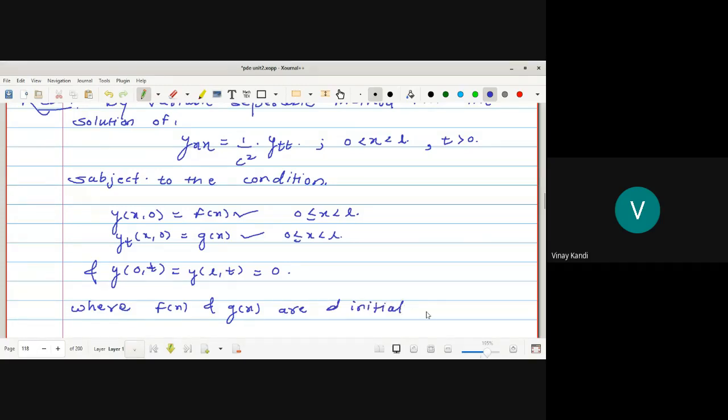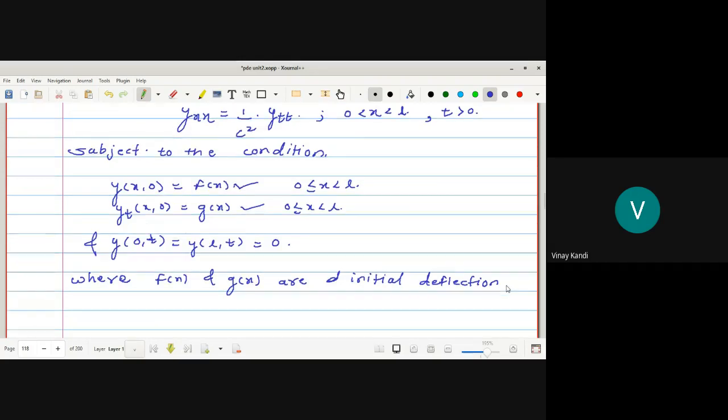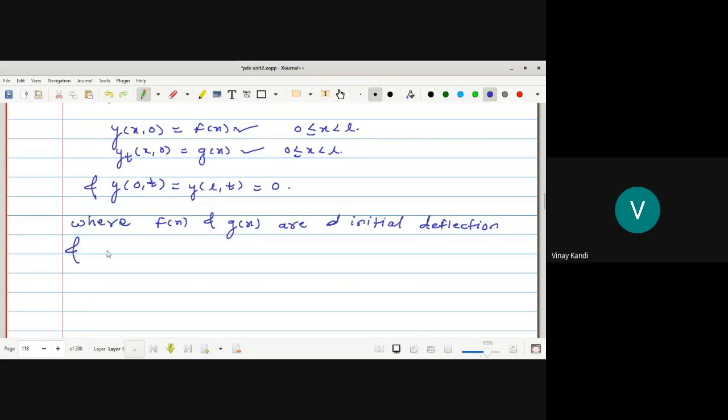where f of x and g of x are the initial deflection and initial velocity of this string.